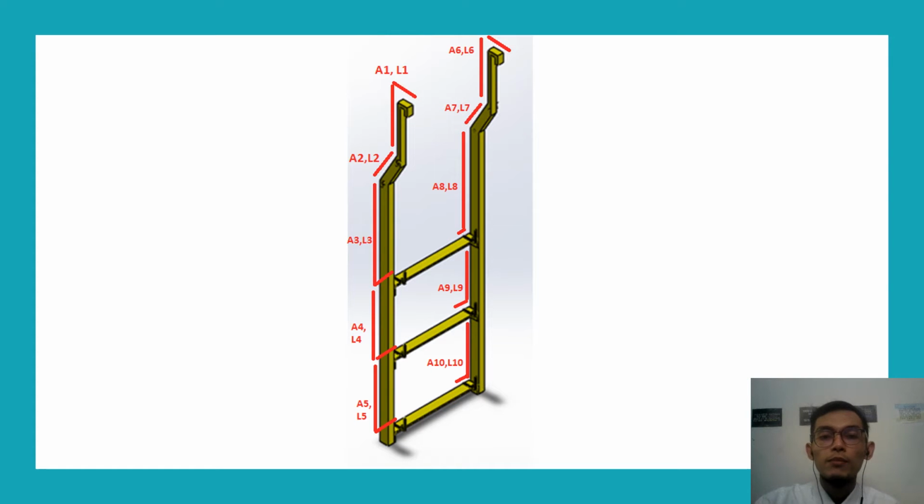Now this is the picture of the improved jig design, and the section is divided into 10 sections. It is slightly different from the original because its design has been improved.